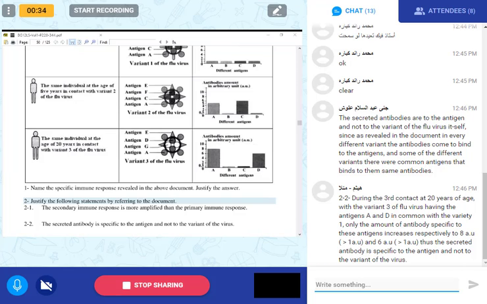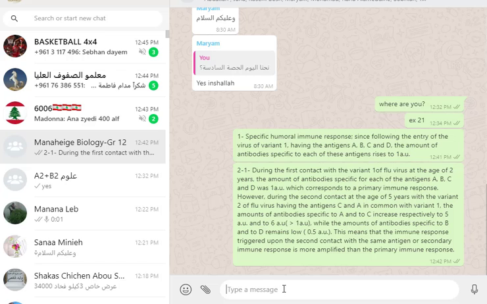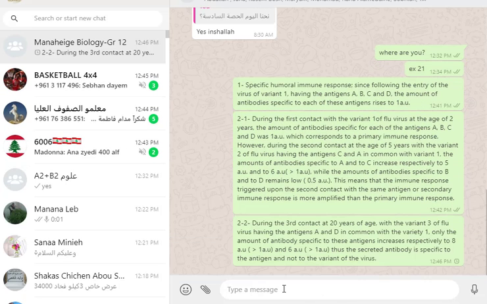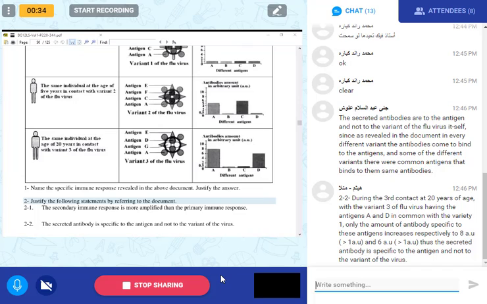Yes. So read please. During the third contact at 20 years of age with the variant 3 of flu virus having the antigens A and D in common with the variant 1, only the amount of antibodies specific to these antigens increases respectively to 8 AU, which is higher than 1 AU and 6 AU.